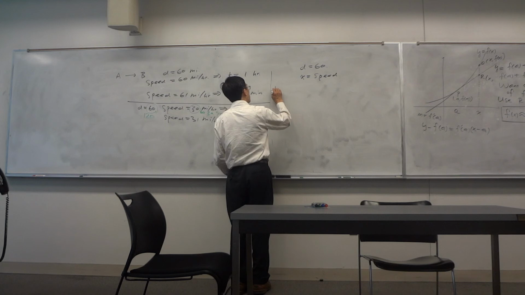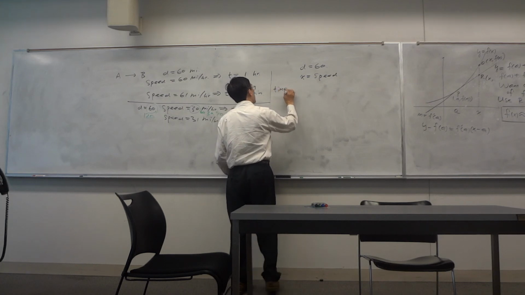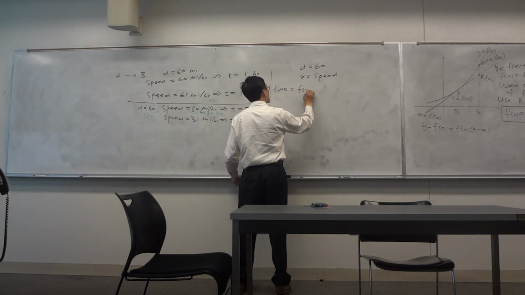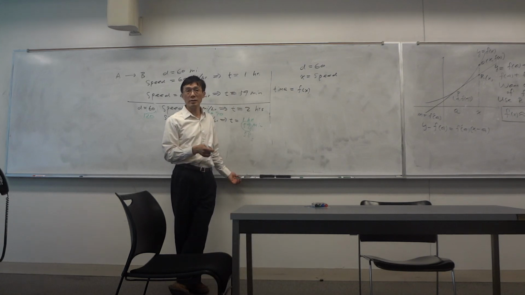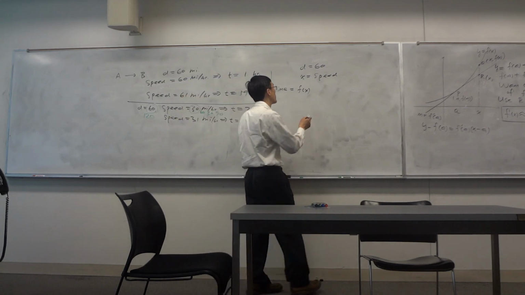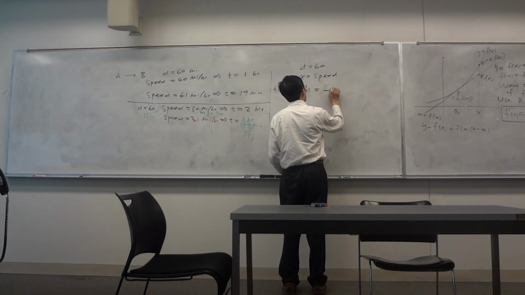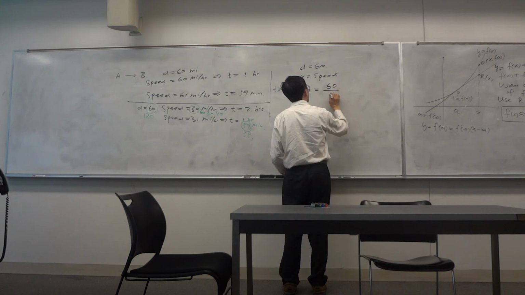Now what is the total time in terms of x? I'm going to denote this by f(x) so that it looks like a function. What should f(x) be? 60 over x, right? That's a well-known formula in physics: time is equal to distance divided by speed.